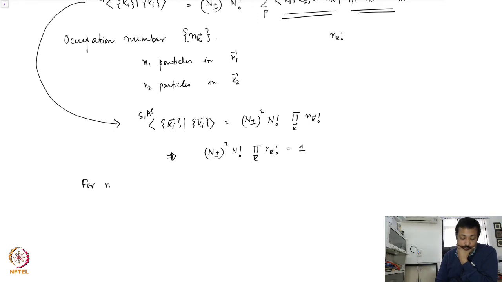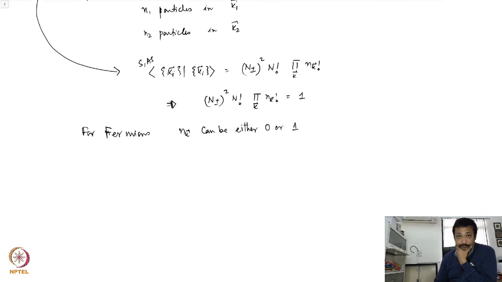For fermions, nk can be either 0 or 1 because of the antisymmetry of the wave function. So this implies that N minus squared is 1 over n factorial, which implies N minus is 1 over square root of n factorial.